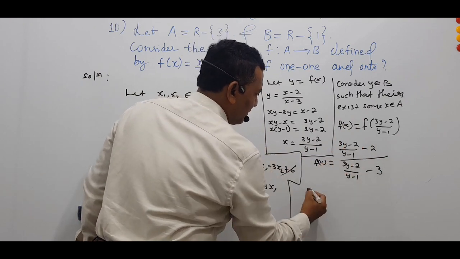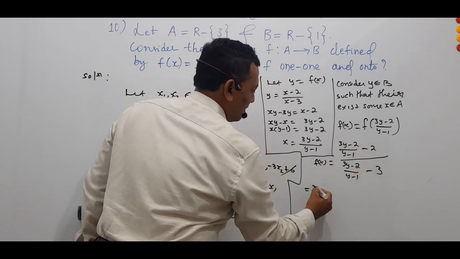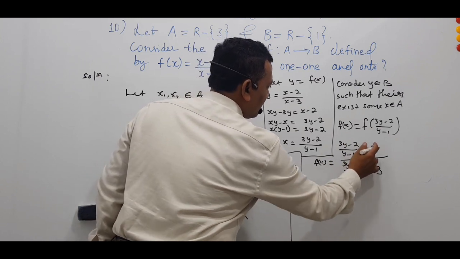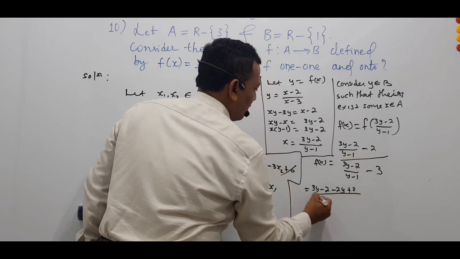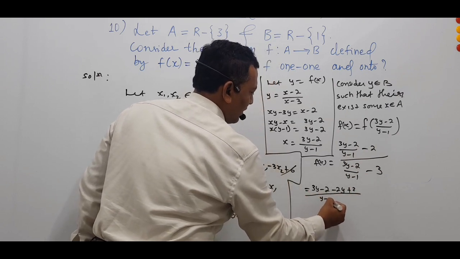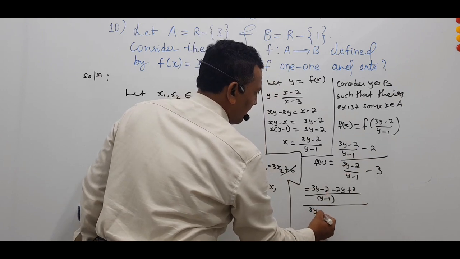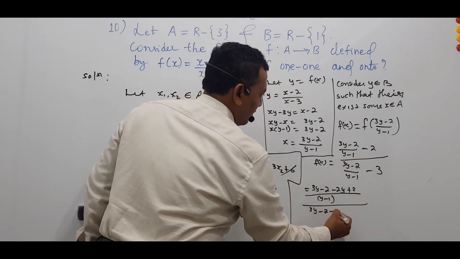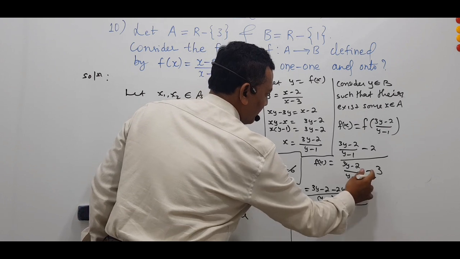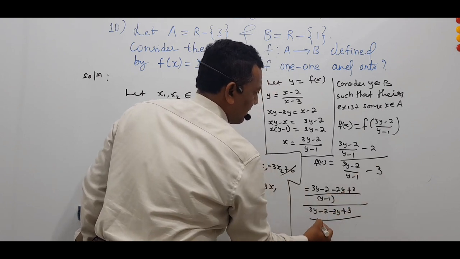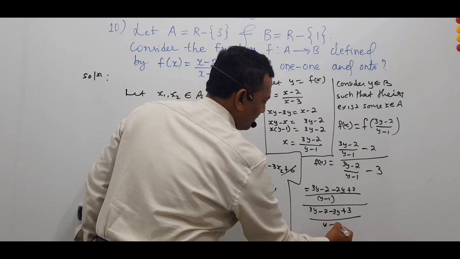Now I will cross multiply this one, which will take us to (3y - 2 - 2y + 2) all divided by (y - 1), divided by (3y - 2 - 3y + 3) divided by (y - 1).